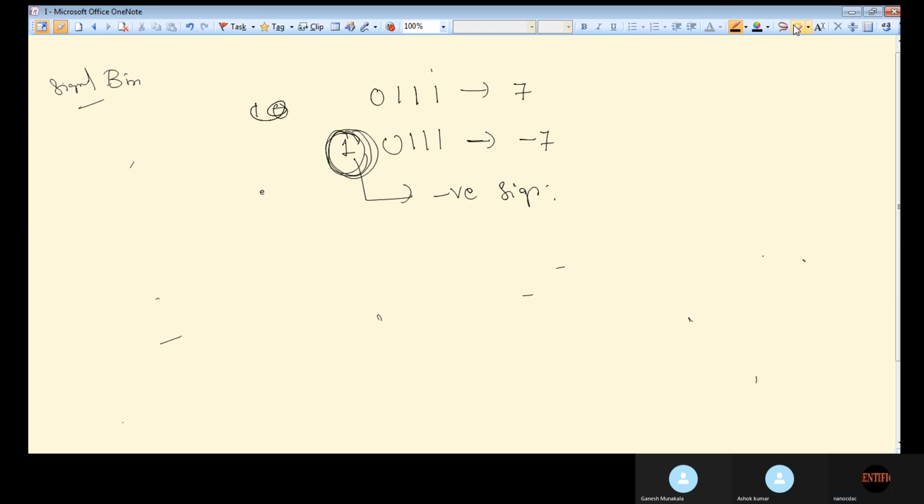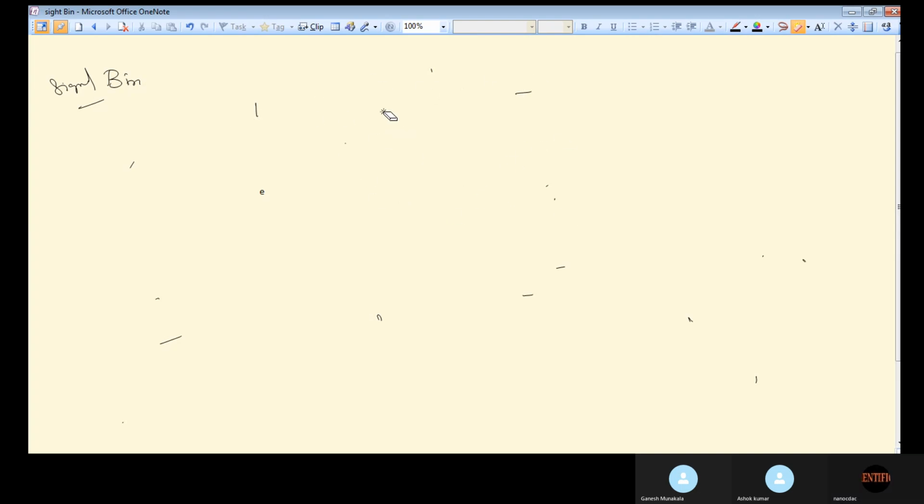So I am giving the binary number 10111. In signed magnitude form it is -7.